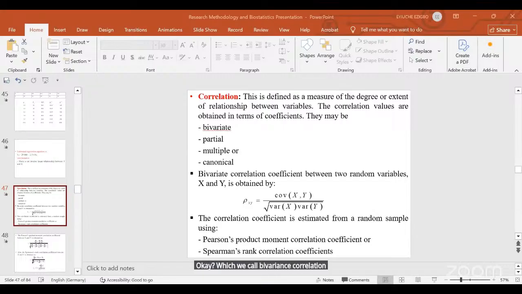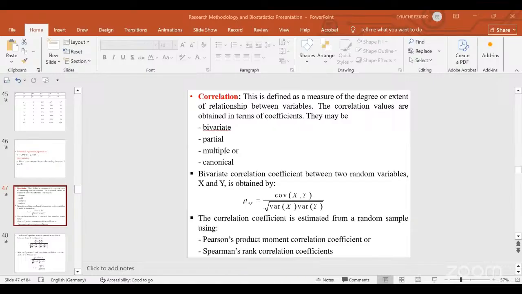It is the correlation analysis between two variables, this versus that. How are they related? What is the degree of the relationship between two variables? So when we have a correlation between two variables, we call it bivariate correlation.